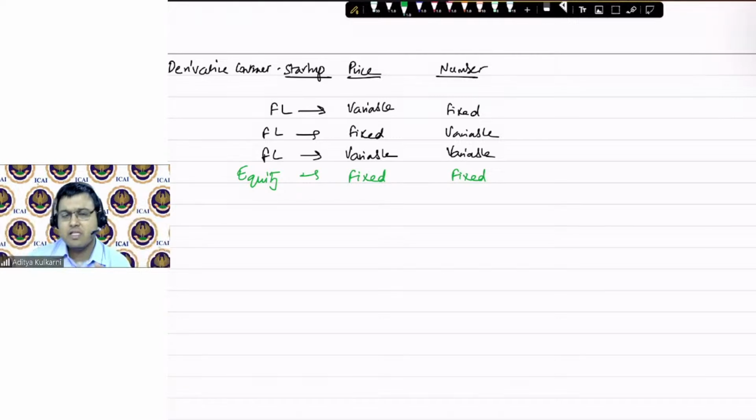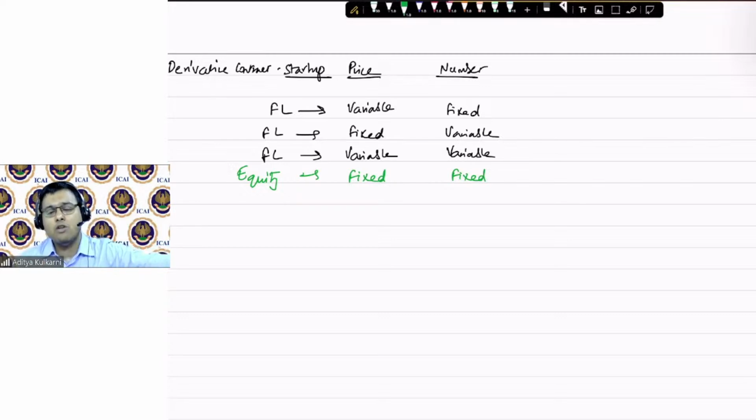And therefore, this contract ends up being an equity. So if there is a variability in either the price or the number or both, then the instrument is a contractual obligation in the nature of a financial liability, because ultimately the interests of the counterparty are being protected. Counterparty is the private equity.